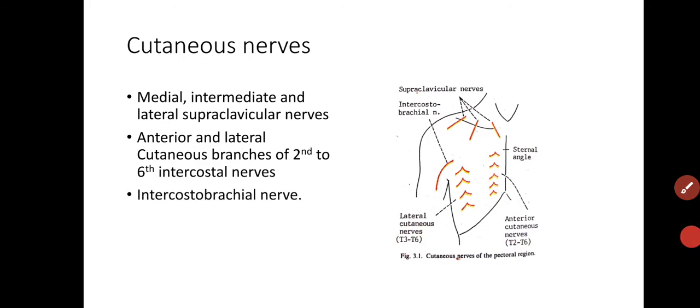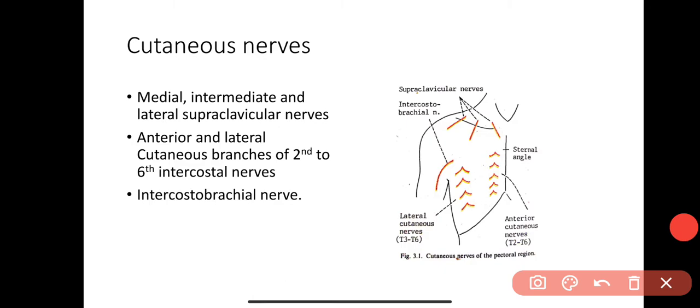Another nerve is the intercostobrachial nerve. This is the intercostobrachial nerve. It is nothing but the lateral cutaneous branch of the T2 intercostal nerve.